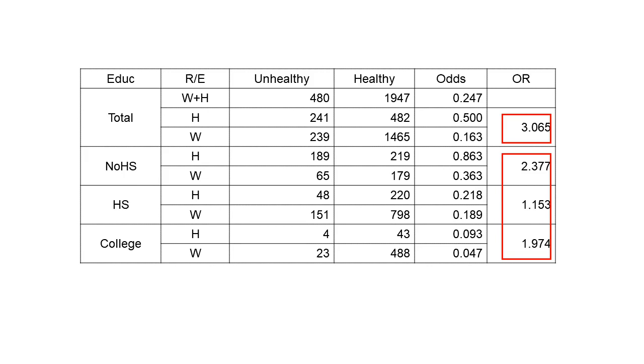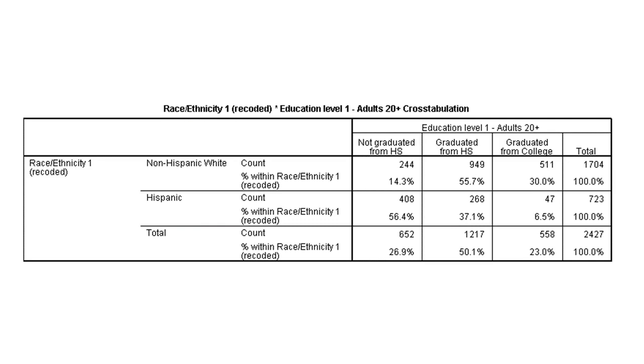Note that all these three education-specific odds ratios, 2.377, 1.153, and 1.974, are smaller than the total odds ratio of 3.065. It means that the association between race/ethnicity and self-reported health becomes weaker if we control it for their relations to education. As indicated in the regression results in the preceding slide, education is strongly related to self-reported health, and education is strongly related to race/ethnicity as well, as shown in this table.